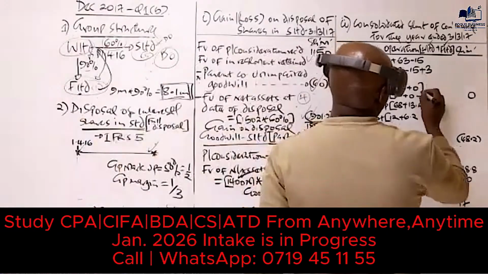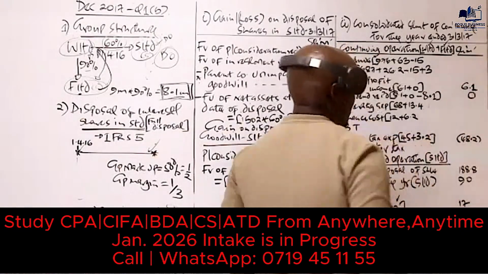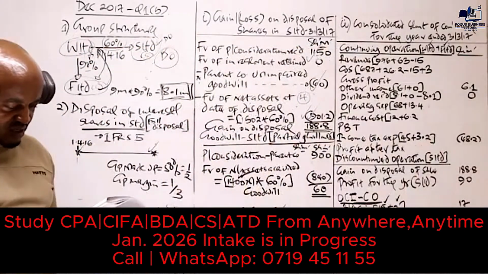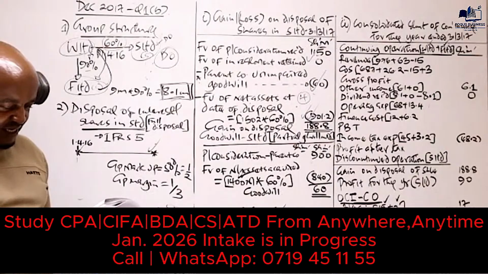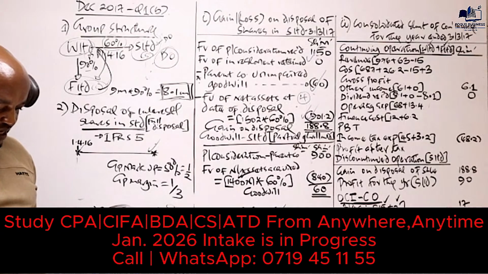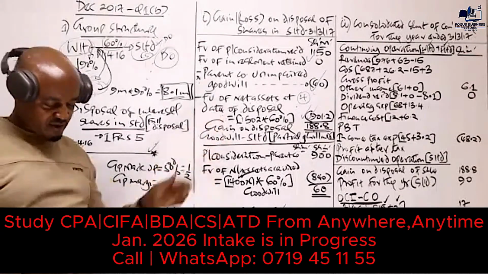Therefore, we close the bracket and include it there as an income. And then you're told, number 6, all expenses and gains are assumed to accrue evenly throughout the year. No new equity shares were issued by any group companies during the year. I think that was to help us in computing this.